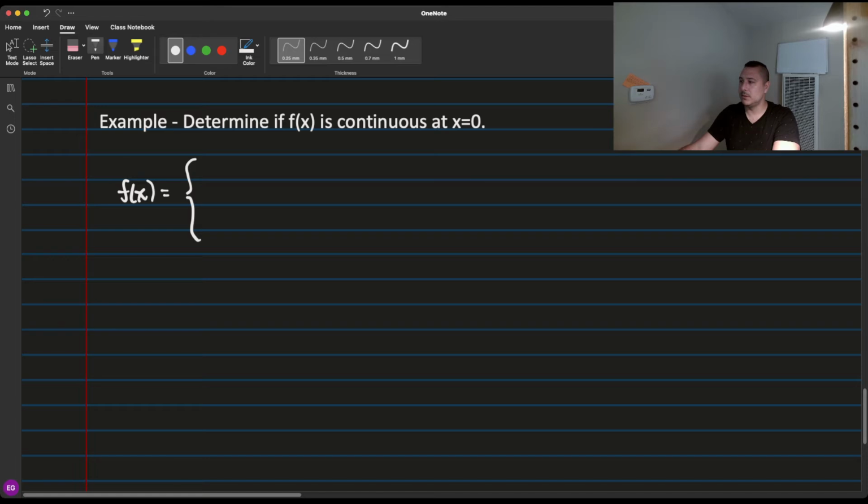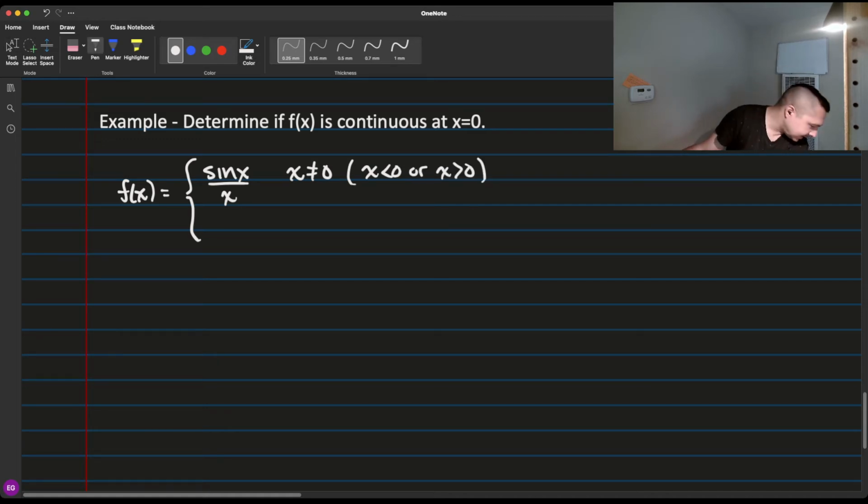So let's have it be equal to sine x over x if x is not equal to 0, which is the same thing as saying x is less than 0 or x is greater than 0. And then let's have it be equal to 1 when x is equal to 0.